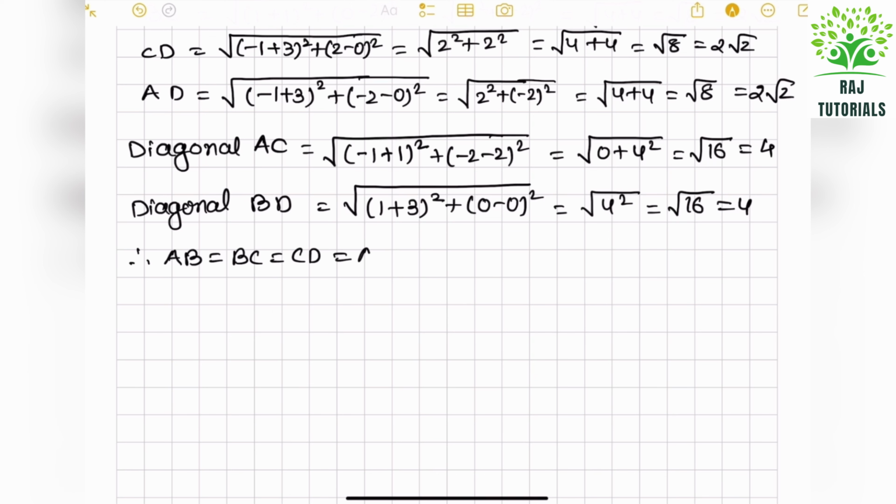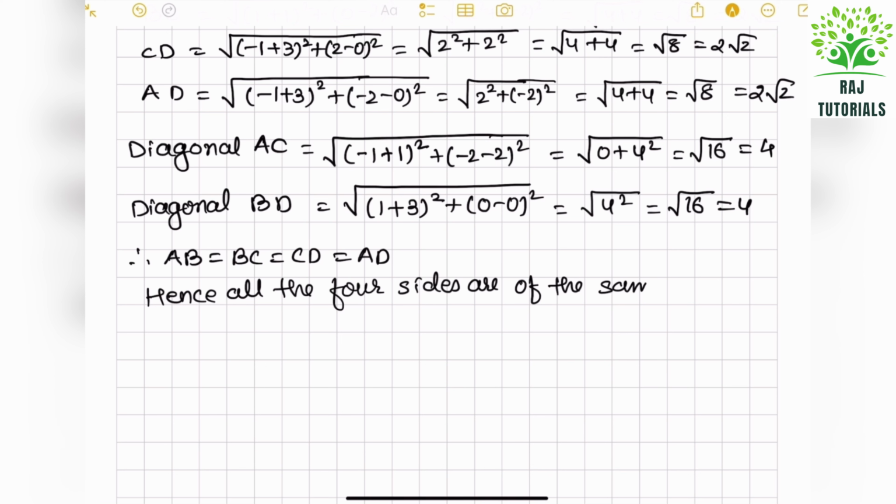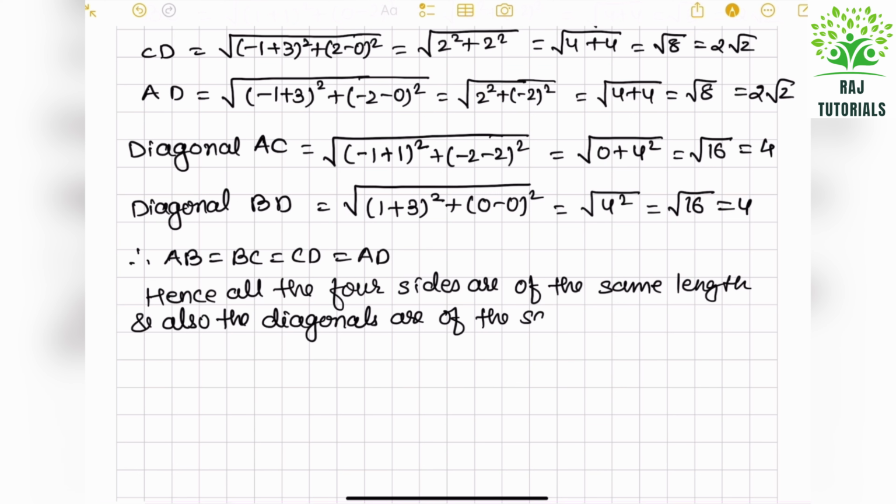Therefore, AB equal to BC equal to CD equal to AD. Hence, all the four sides are of the same length and also the diagonals are of the same length.